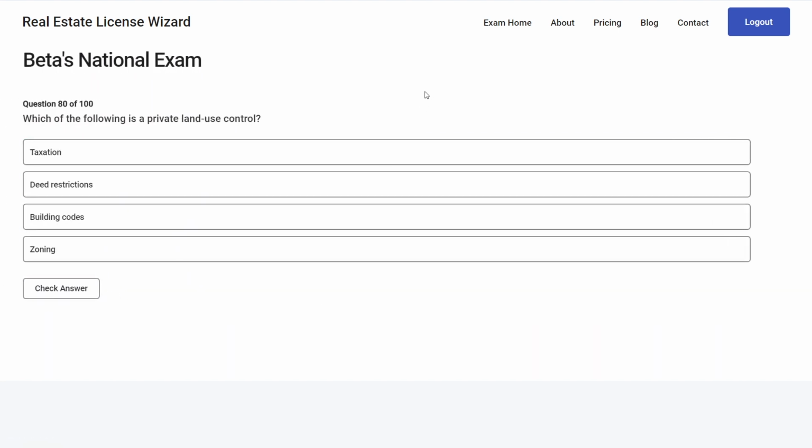Which of the following is a private land use control? Taxation, deed restrictions, building codes, or zoning? Alrighty, so think this one over, come up with the answer.